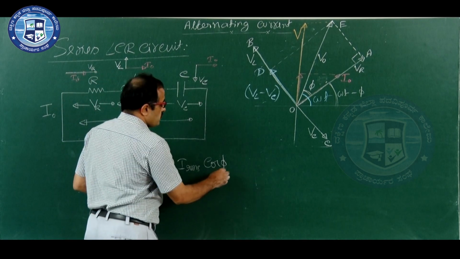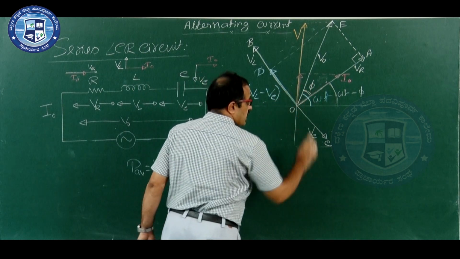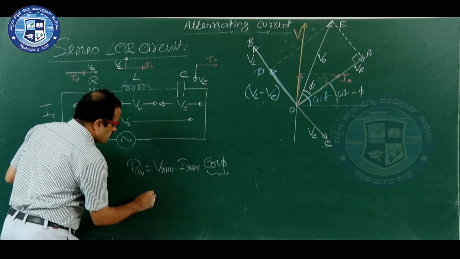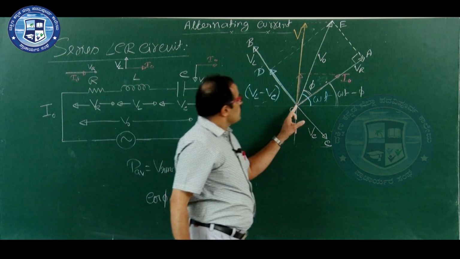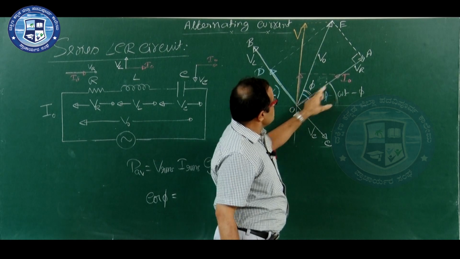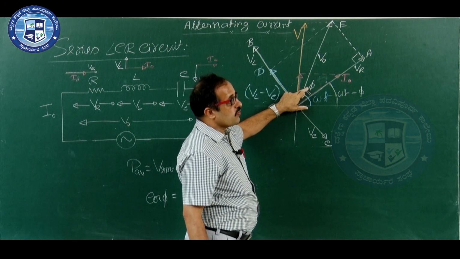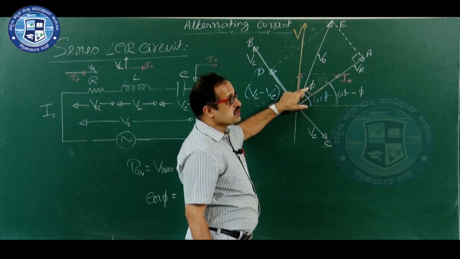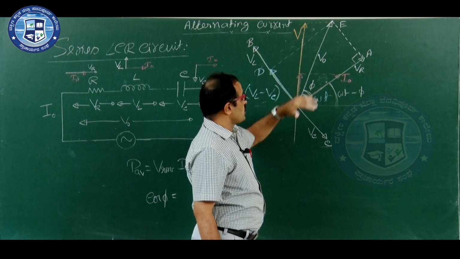So, now we try to find the power factor of the circuit from this phasor diagram. Okay. Now, cos phi, you look at the triangle OAE.